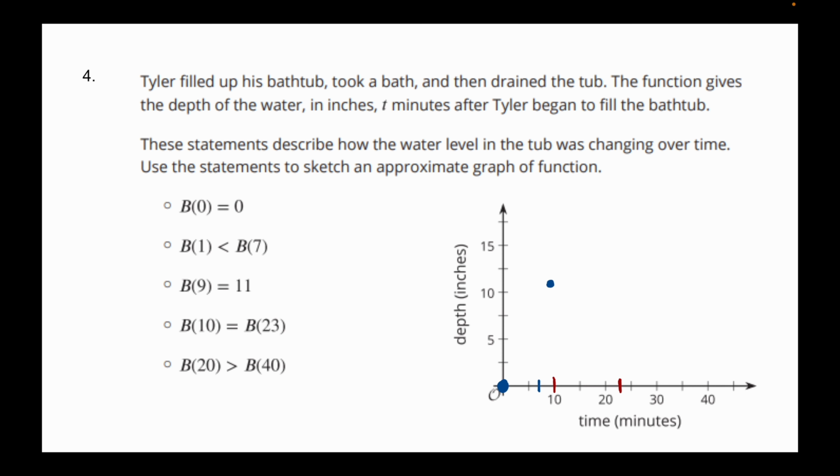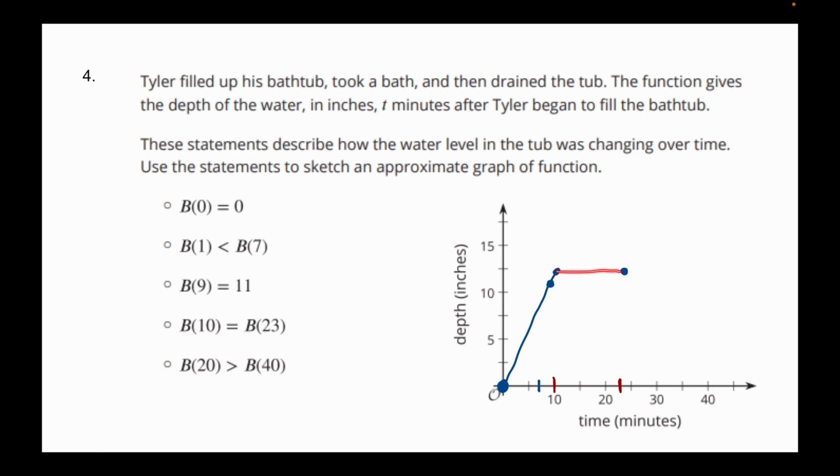I know I'm going to increase up here. Now at 10 minutes, I don't necessarily have to have a flat top for my bath here. I can have it be a little bit more curved, but I just have to make sure that wherever I have my point for 10 minutes, I also have my point at 23 minutes.